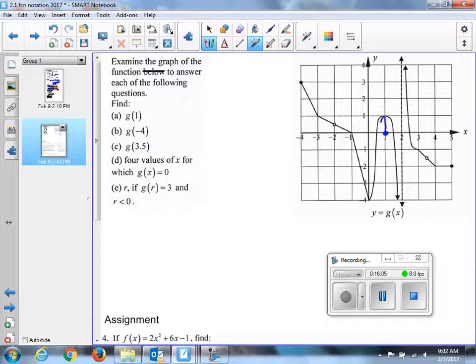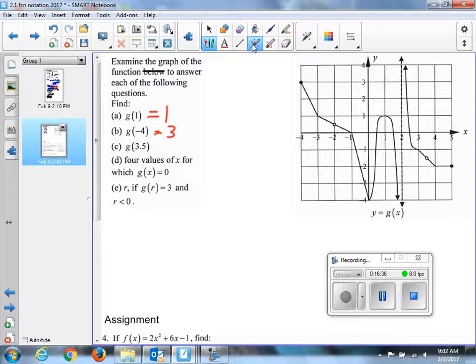The function value at 1, g of 1, happens to be 1, right? At negative 4, g of negative 4. Yep, we've got a 3. 3.5.